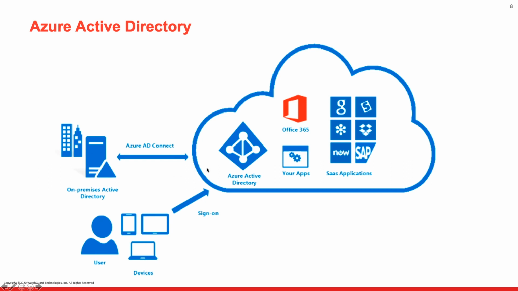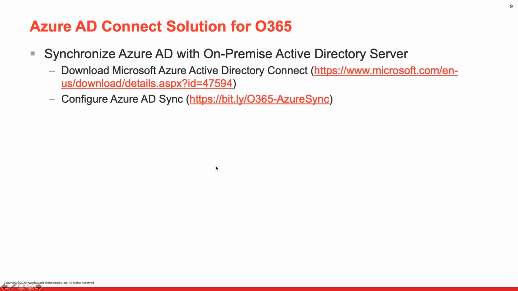That one used to be an application called DirSync from Microsoft that got migrated over into Azure Active Directory Sync. So again, to synchronize Azure Active Directory with an on-premise Active Directory server, these are free tools. Again, with the slides, I will publish those as well. But you'll want to download Microsoft Azure Active Directory Connect and then configure AD Sync from there.